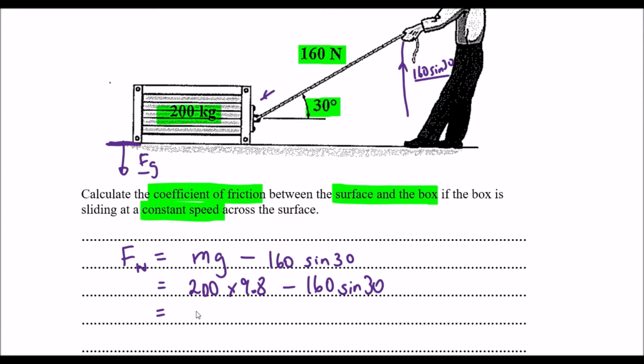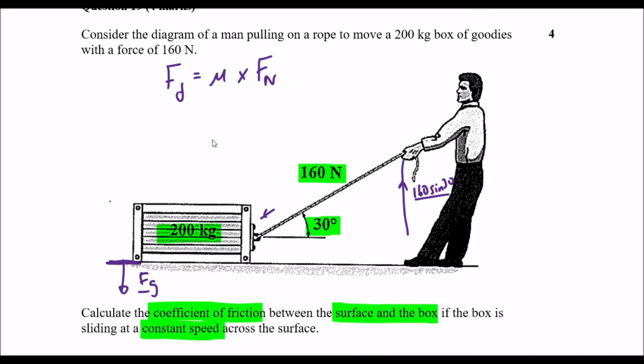From there, I find that the normal force applied is 1,880 newtons. So that's part of the question done. Now, the other thing I talked about is that we also need friction force. So we found normal force, we need to find friction force.